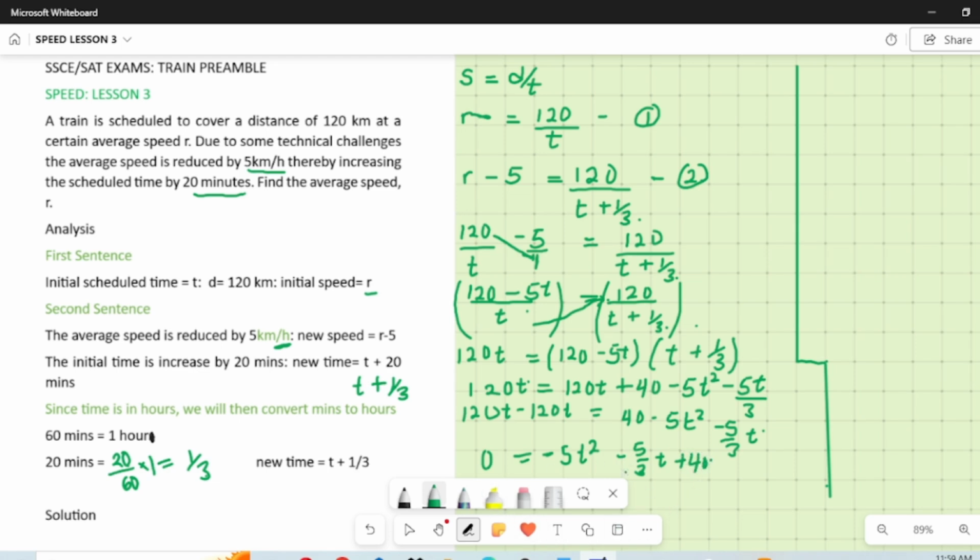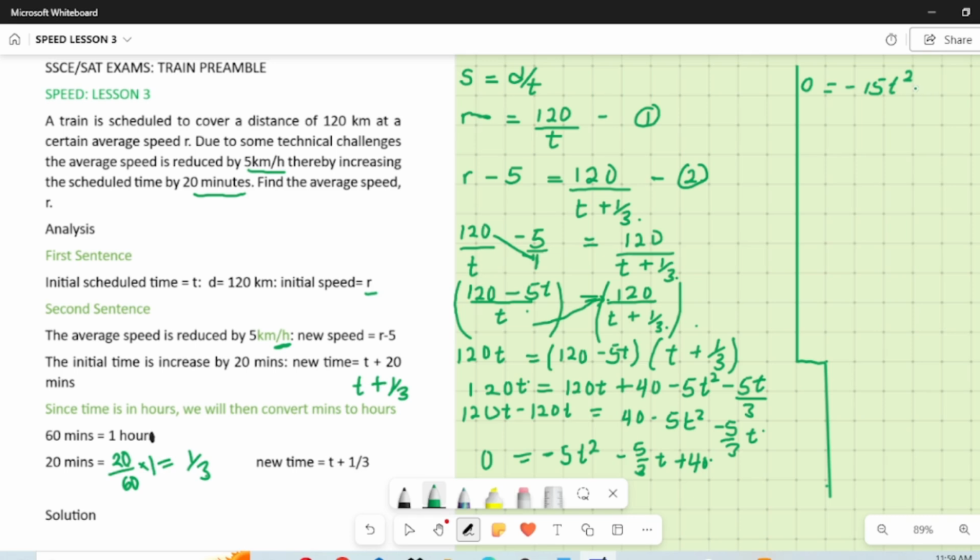We've seen that this is a quadratic equation, but we don't want the fraction, so we'll multiply through by 3. And so we have 0 is equal to minus 15t squared.